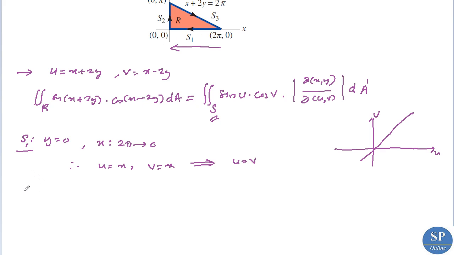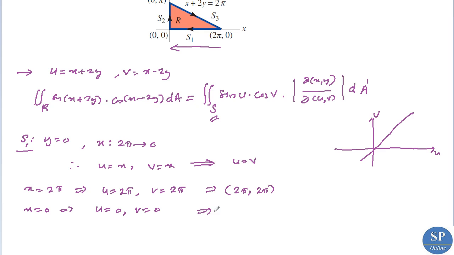When x is equal to 2π, we have u equal to x, that is 2π, and v equal to 2π. And when x is equal to 0, we have u equal to 0 and v equal to 0. So this point is (2π, 2π), and here the point is (0, 0).